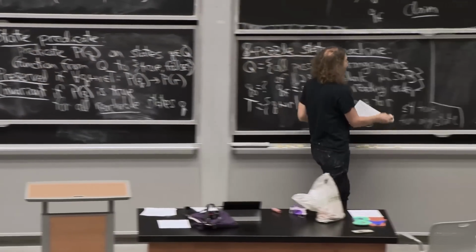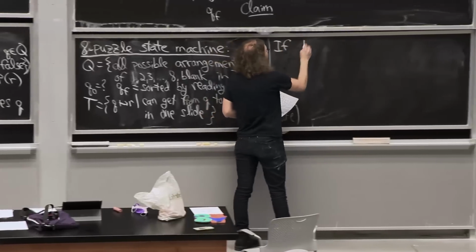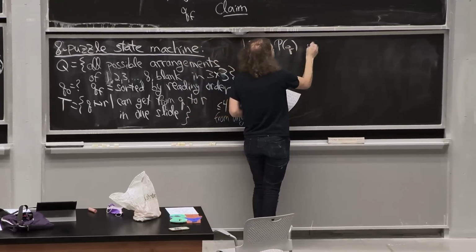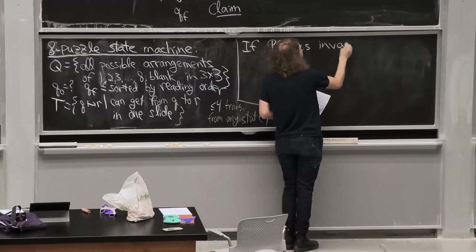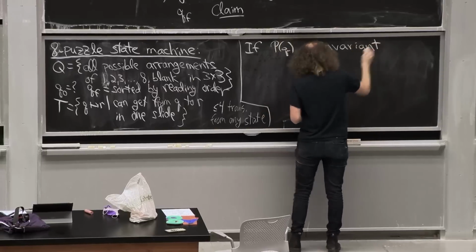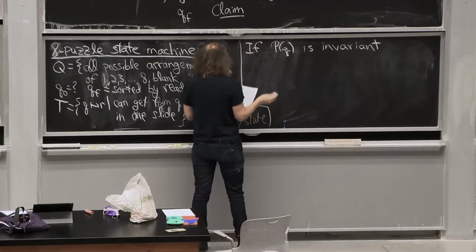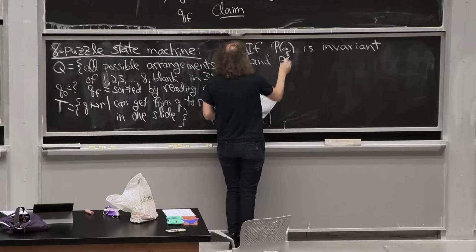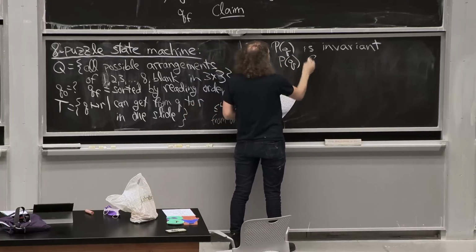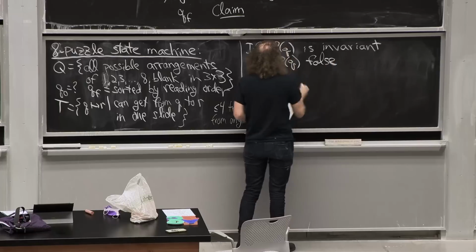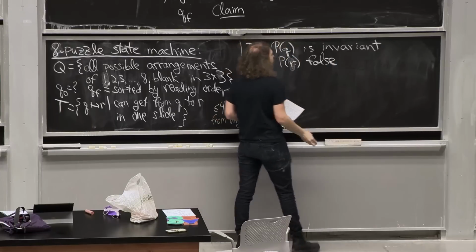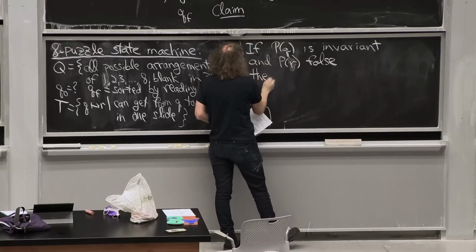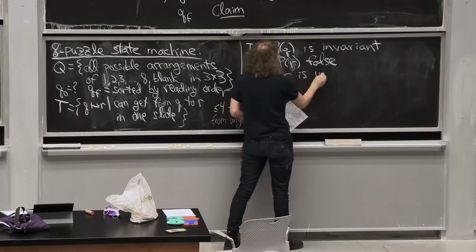Let's write this fun fact. If P of Q is invariant, meaning it's true in all reachable states, and P of R is false, then R is unreachable.